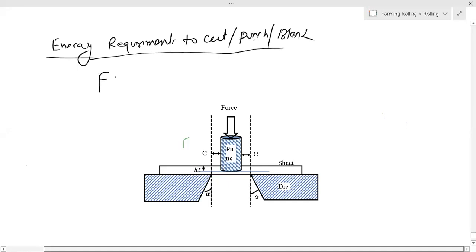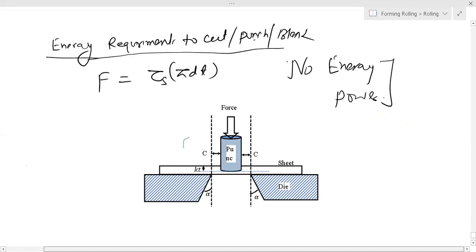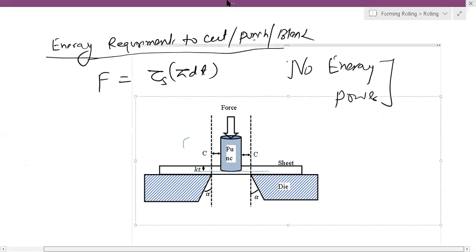So force we have estimated, force is equal to tau s pi dt. Now, I am talking about the energy first, and power. Both are different. Energy and power both are different.